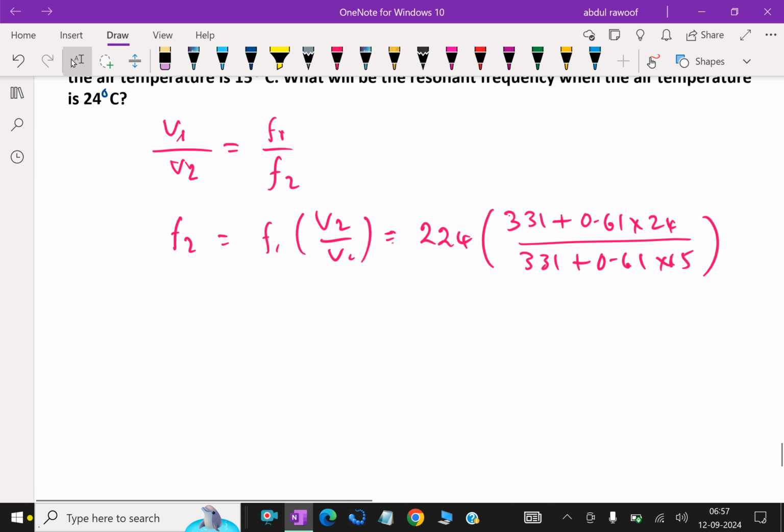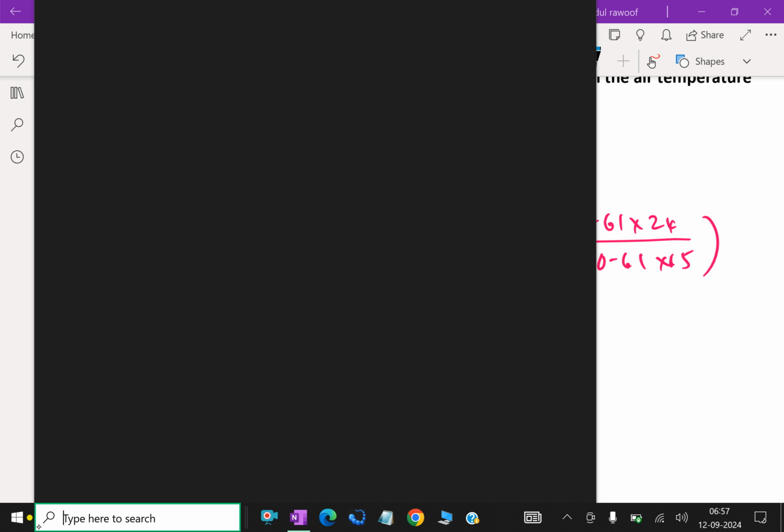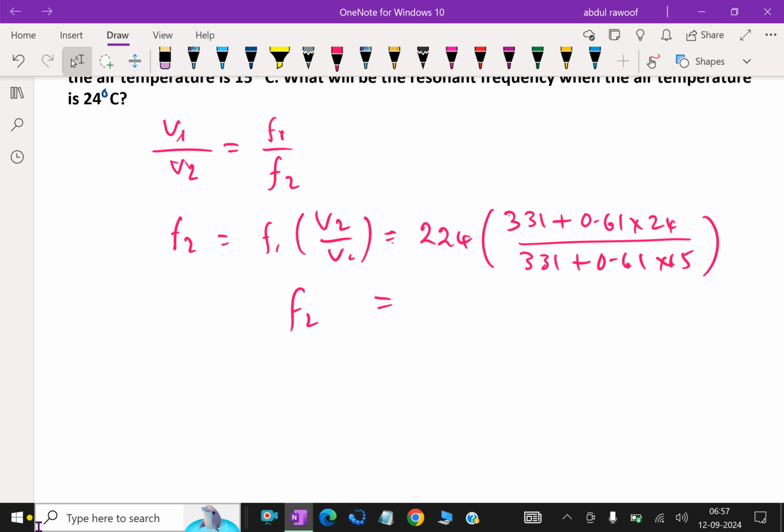So by using this calculation, we have the frequency. The second frequency is 0.228 kilohertz, that is 228 hertz, converted to kilohertz. This is F2. Next question.